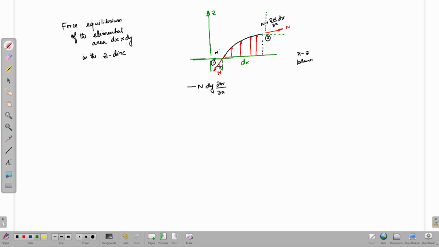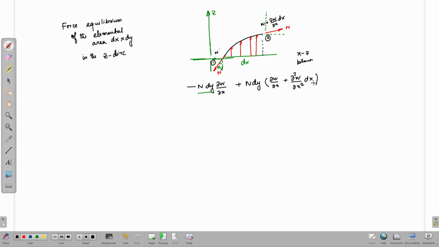So, this component, the total force is going to be N into dy, and the vertical component at point 1 is going to be cos alpha, which can be written as del W by del x. Similarly, at point 2 the total force is N into dy and the component of that would be del W by del x. So, this is one part of the force.